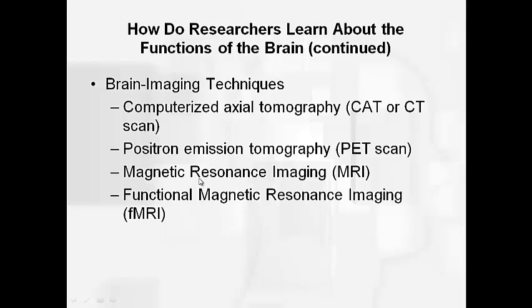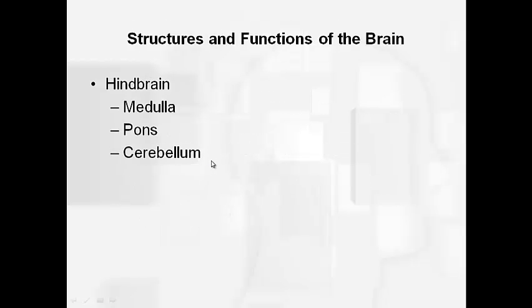On the other hand, regular MRI can be used to evaluate the structures in the brain in terms of size, in terms of location of these structures in the brain.